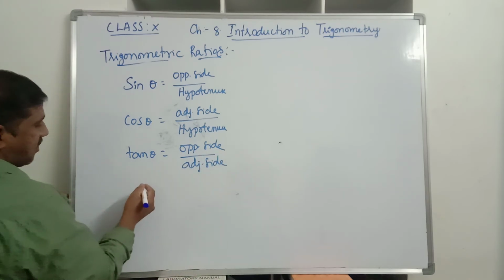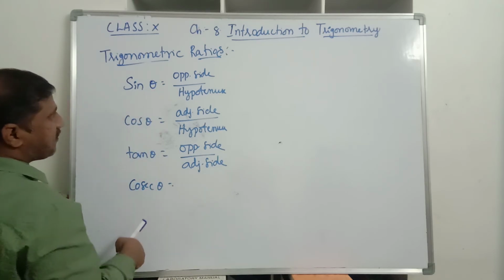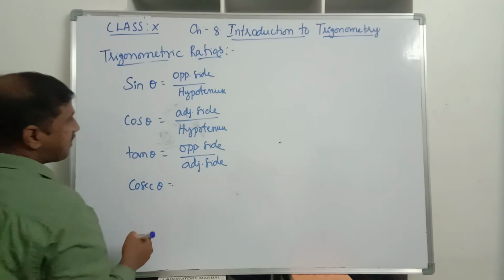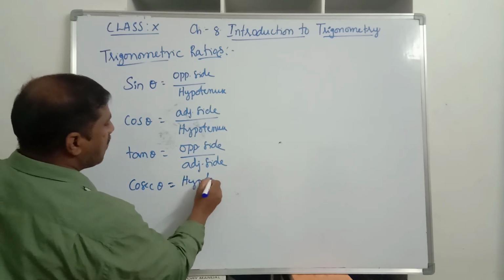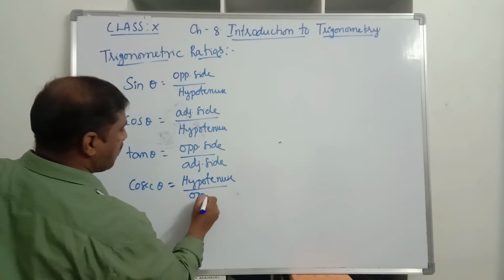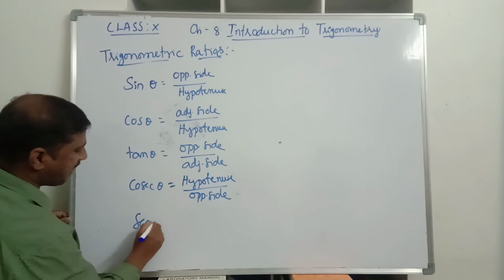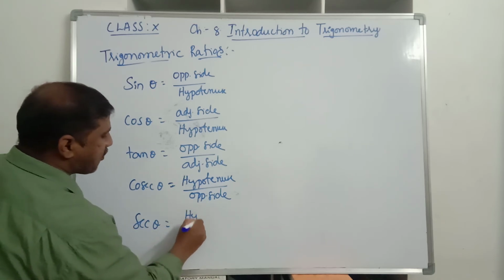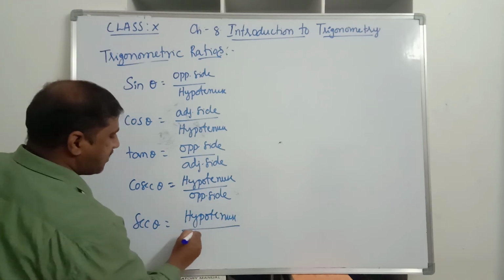Cosecant theta is the reciprocal of sine, that is hypotenuse divided by opposite side. And secant theta is again the reciprocal of cos theta, hypotenuse divided by adjacent side.